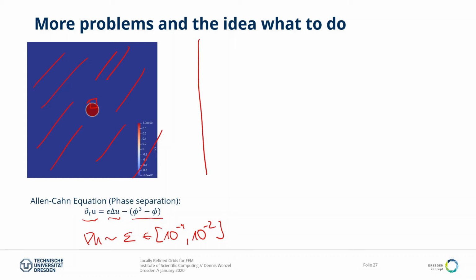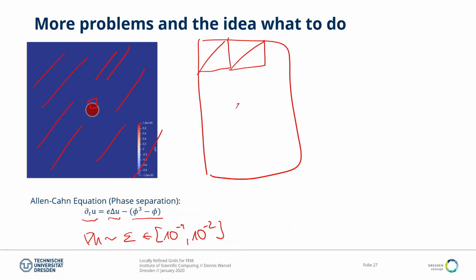So if you roughly speak about this, you would want to have super big grid cells up here, because there's nothing happening. But then you want very small triangles, and even smaller than this, to capture this behavior in the middle here.